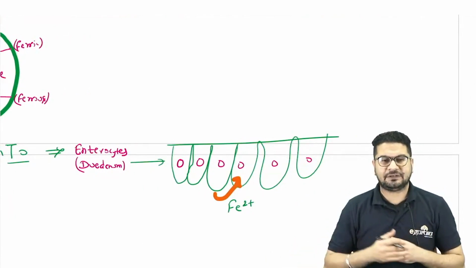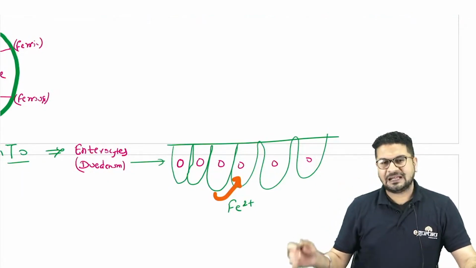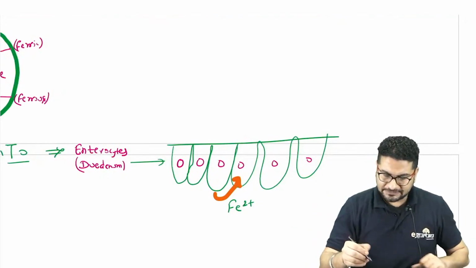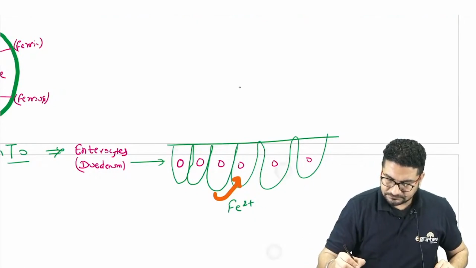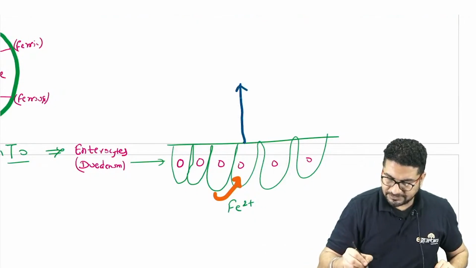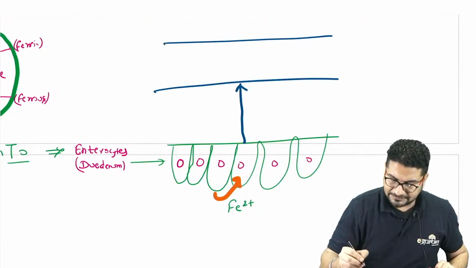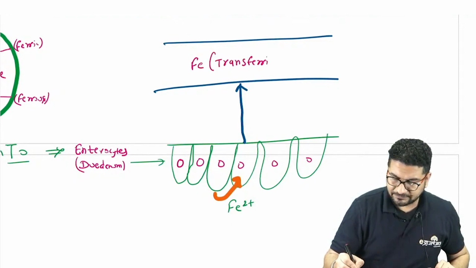From the enterocyte it is going to your blood, and in blood it will bind with a protein called transferrin. This form is going into your blood vessel. In the blood vessel this iron will be binding with which protein? That is called transferrin.